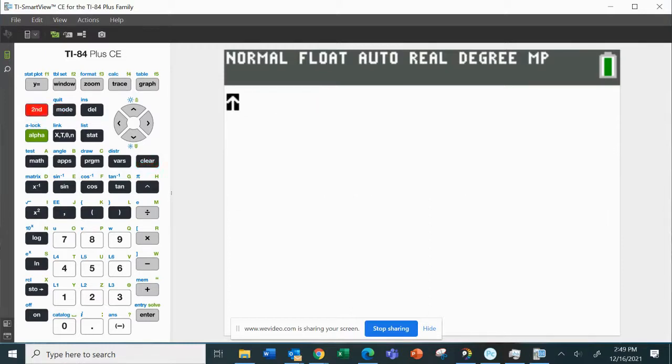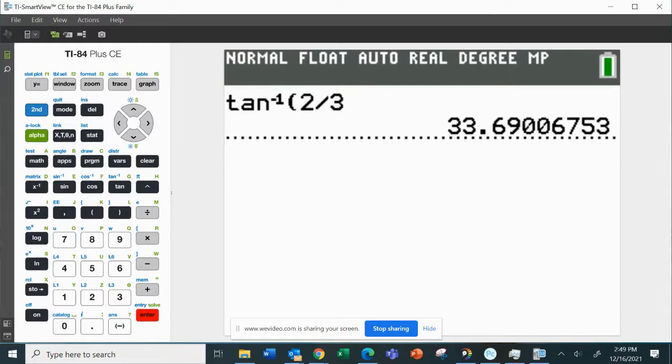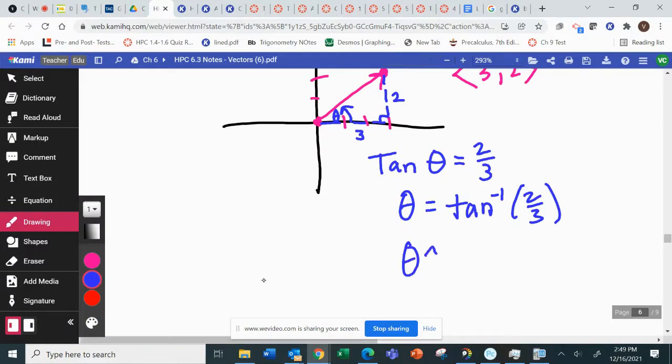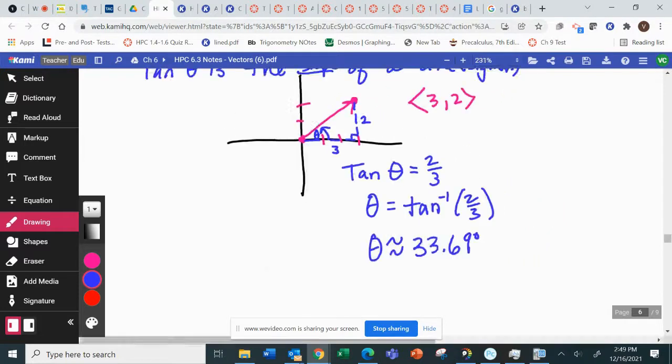So I've got inverse tangent of 2/3, and that would be a 33.69 degree angle. If we wanted the radian, then we just switch modes. Okay? So that's the directional angle.